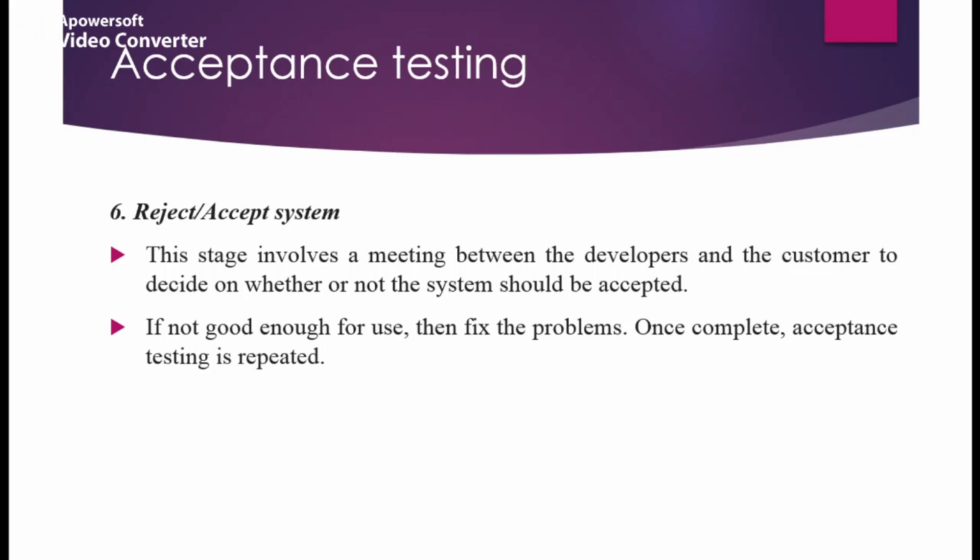If there are some issues and you think that you can resolve them, then you resolve them. Once complete, acceptance testing is repeated. If there are some minor issues and you can still repair them, do it, and then again you have to rerun the acceptance testing.